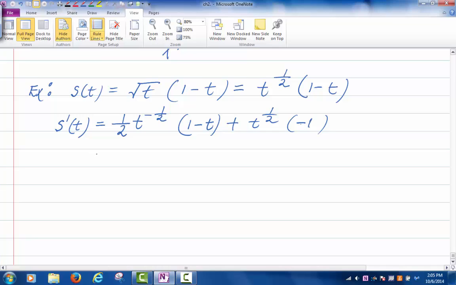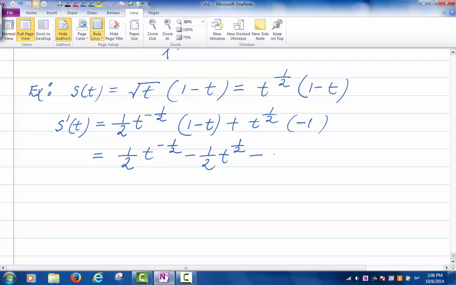And so if we want to simplify this, we have half t to the negative half minus half t to the what? When I multiply with t, I get half, right?